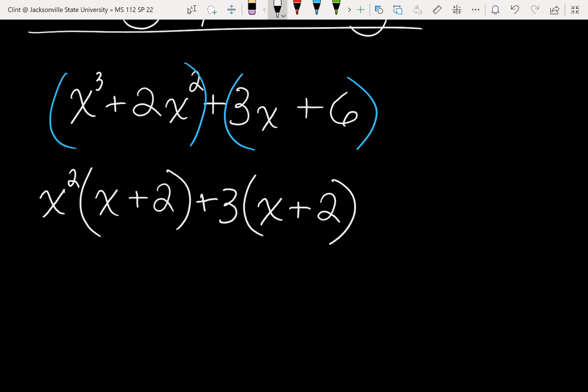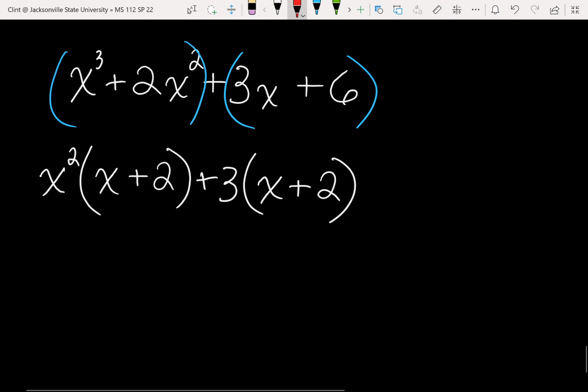We've got something interesting that has happened here. Notice anything about the sets of parentheses we've got left? This thing and this thing, they match. You don't have to think this hard about it every time, but the situation we're in is that we have some number times another number plus some number times another number.